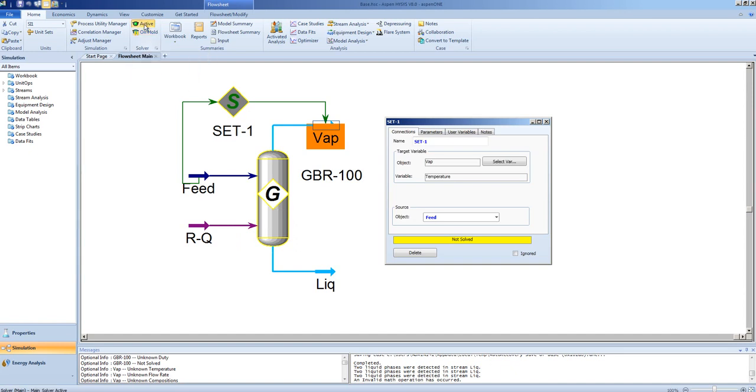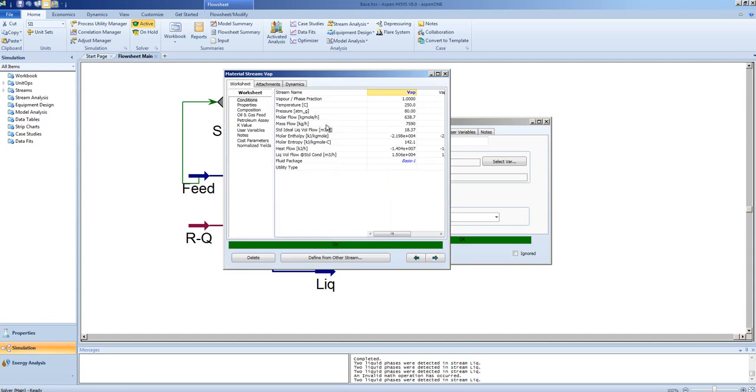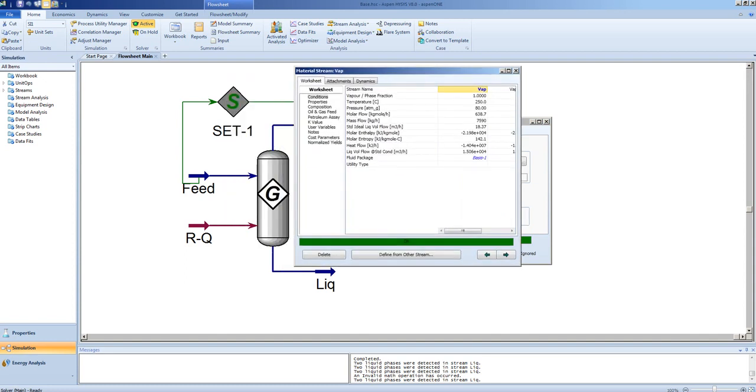However, putting your solver on active will continue the calculations, and now the consistency error has been removed. You have removed the overspecification because we are now allowing the set block to calculate what temperature we want to hold on the outlet.